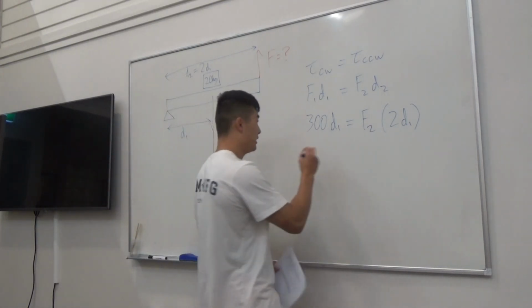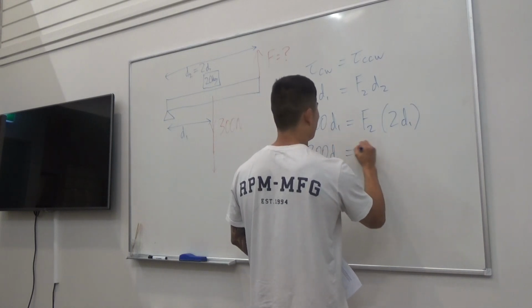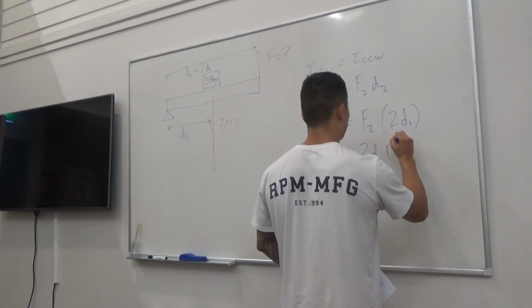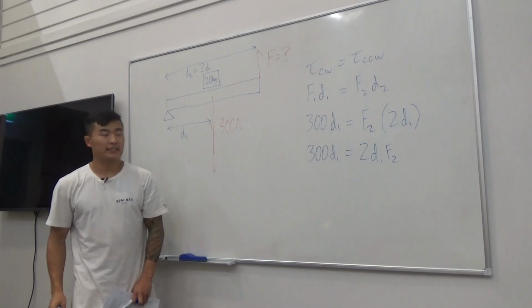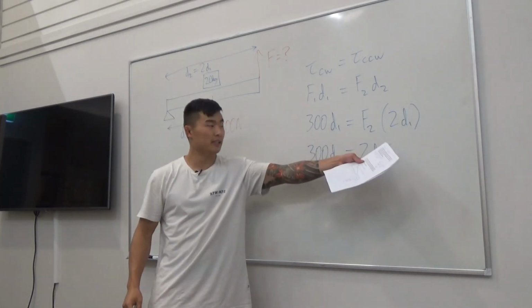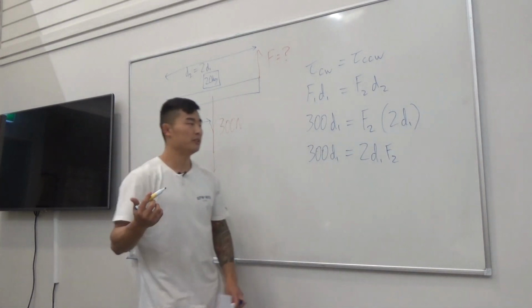So I'll just rewrite that as 300 D1 equals 2 times D1 times F2. Okay, so that's exactly the same thing. It doesn't matter what order it's in.